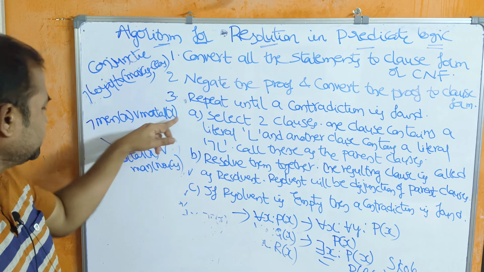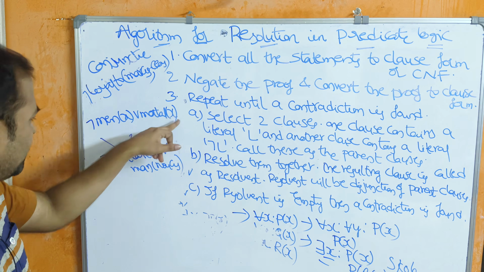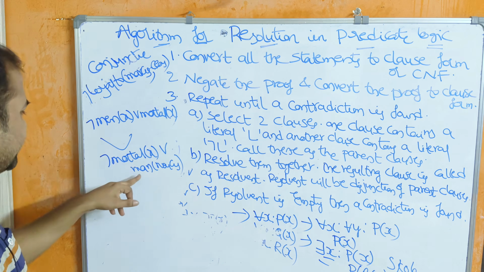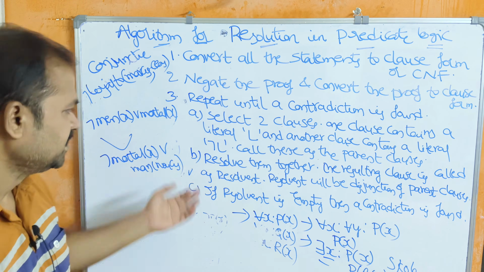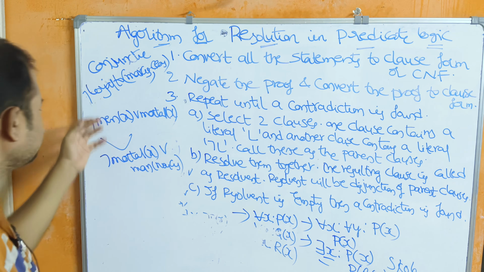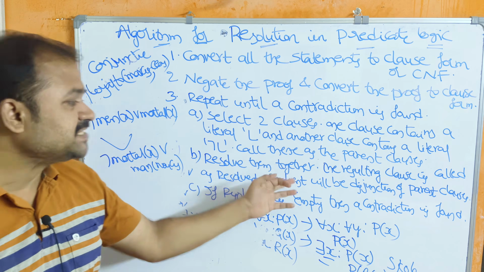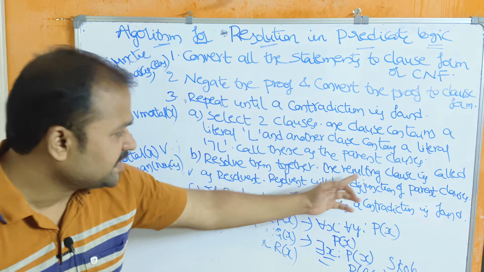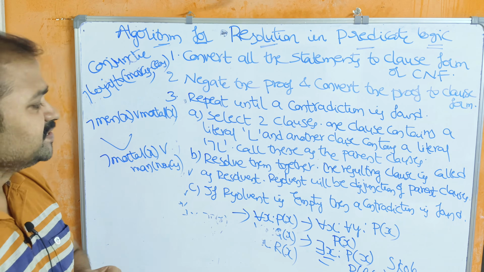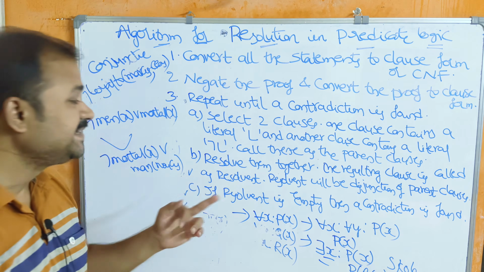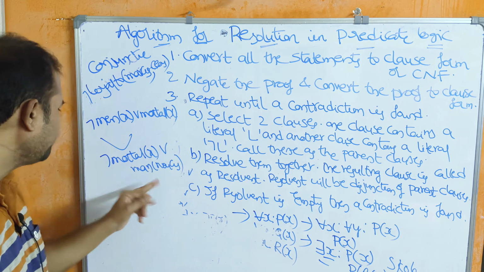So here this is the first parent clause. The first parent clause contains a literal called mortal of x. The second parent clause contains a literal called negation mortal of x. We have to call these two the parent clauses. Next step, resolve them together. The resulting clause is called the resolvent. Resolvent will be the disjunction of the remaining literals of the parent clauses.